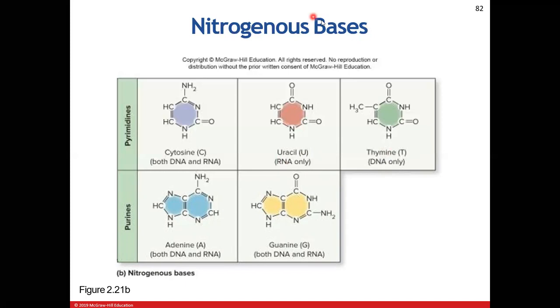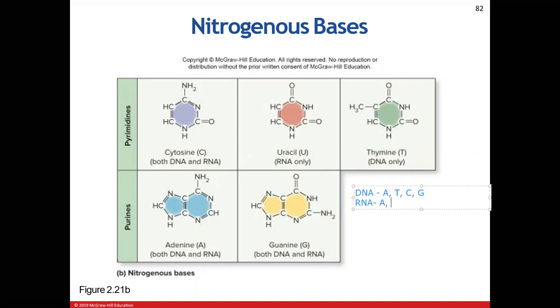So to simplify this a little bit, we usually indicate these bases by their first letters. We usually call them A, C, T, G, and U. So when we do that, DNA is going to include A, T, C, and G. When we look at RNA, however, it's slightly different.